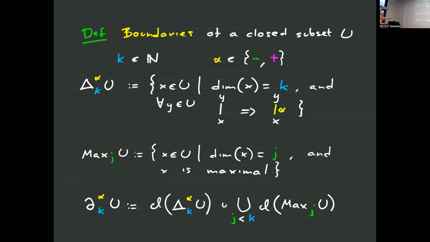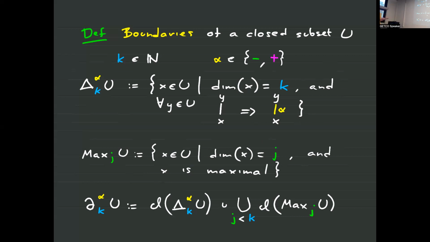And then we can also consider the maximal elements of any dimension in the closed subset. Maximal in the sense of maximal in the subset, so not covered by any element of the subset. Then our definition of the k-dimensional input or alpha boundary is given by the downwards closure of this set, together with the union of the closures of all these maximal things.